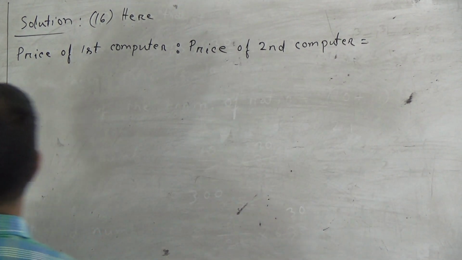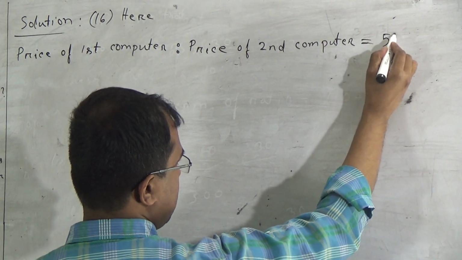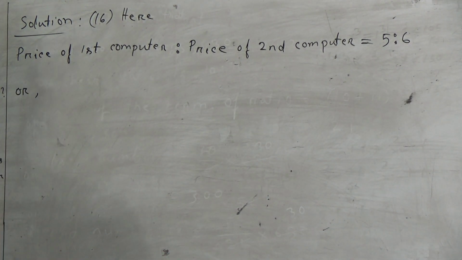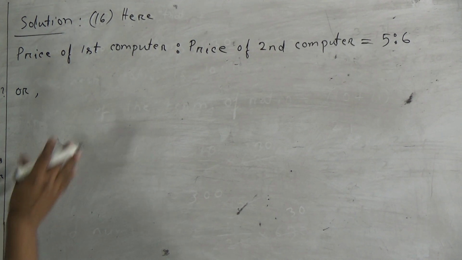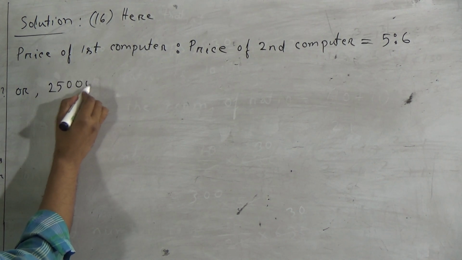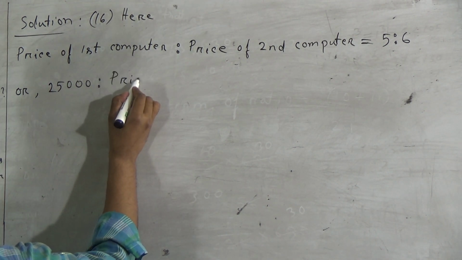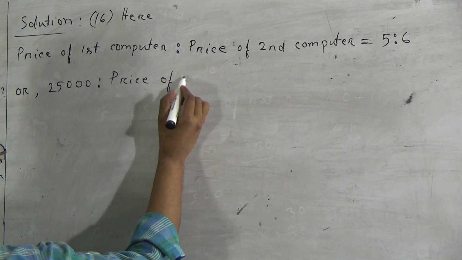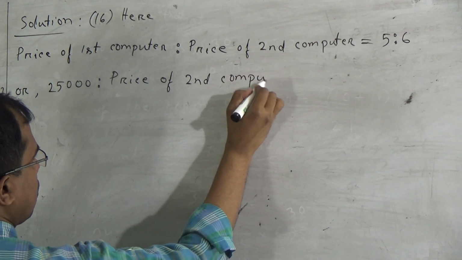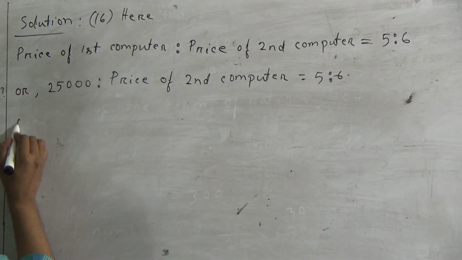Ratio is 5:6. That means we can write 5:6. Now the price of first computer is given, it is 25,000. So instead of price of first computer we can write 25,000 is to price of second computer equal to 5:6.